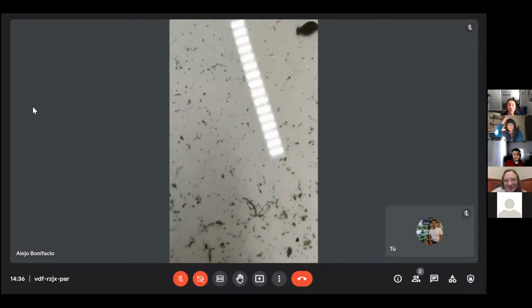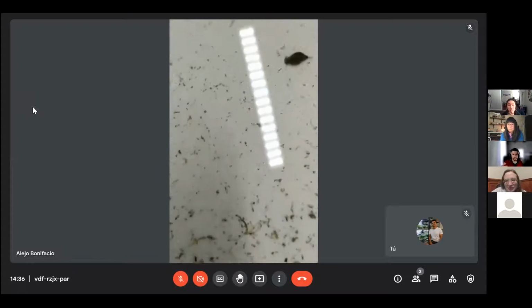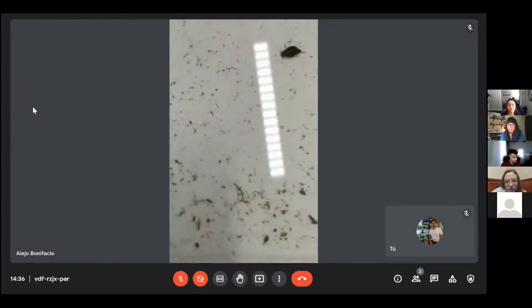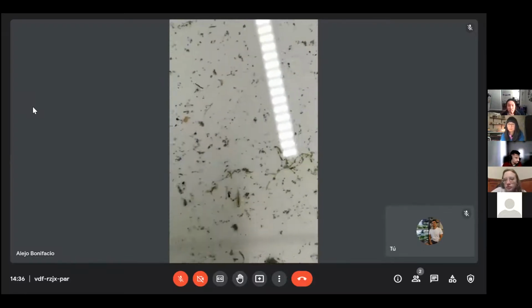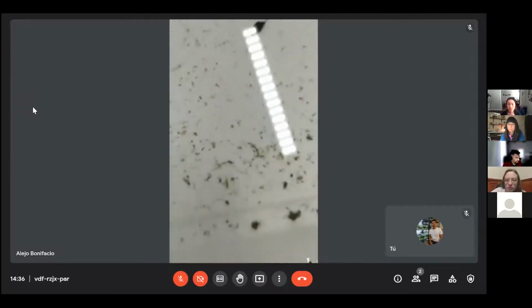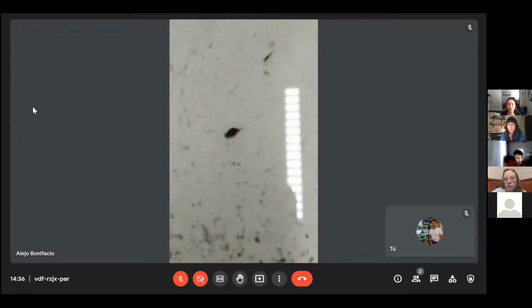They swim with the tail. They have three tails, mainly. The mayflies need a lot of oxygen in the water, and they are very good indicators of good quality of rivers, streams, and creeks.